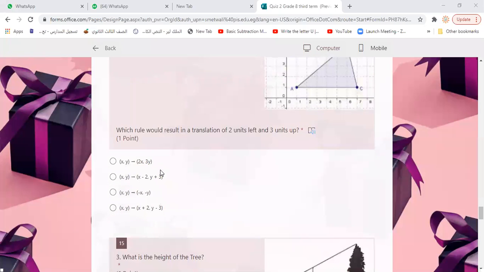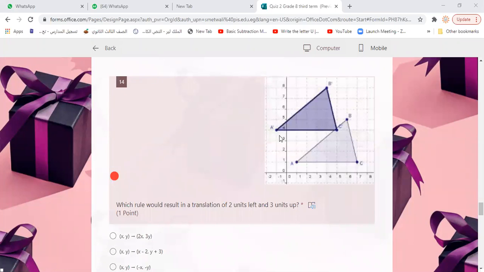Then 2 units left means you are going to subtract 2 from the x-axis, and 3 units up means you will add 3 to the y-axis. So this one will be the right answer. Here we have two figures, and we want to translate the figure 2 units left and 3 units up. Then it will be x minus 2 and y plus 3.